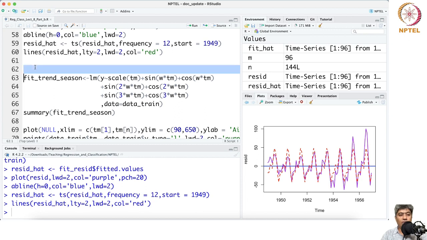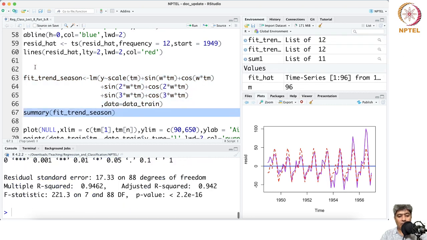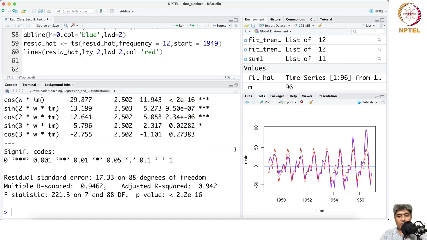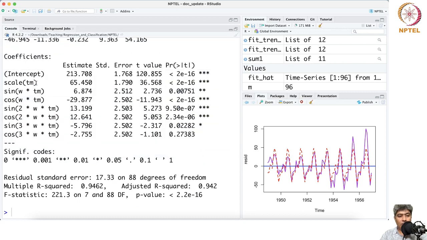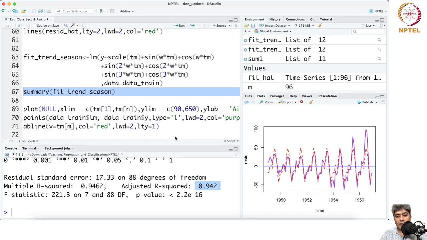So now if we fit a trend and seasonality together, what we are getting is that the sine, cosine, everything is extremely significant, and adjusted R square is 0.942, so 94% of the variability gets explained by the model.